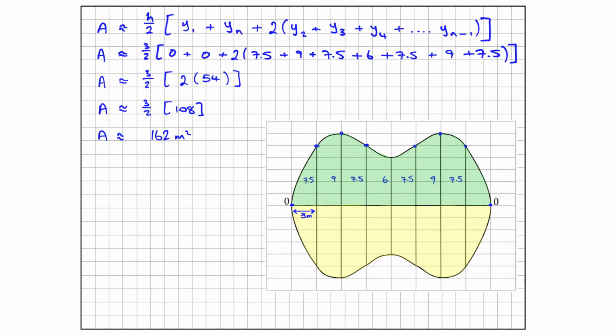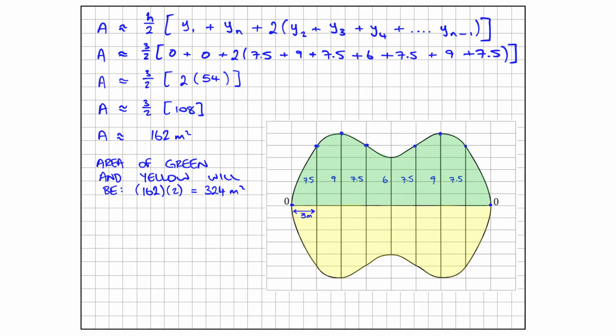So the area of green and yellow will be equal to 162 times 2, because the green is 162, so if I multiply it by 2 I get the full thing, which is 324 meters squared.